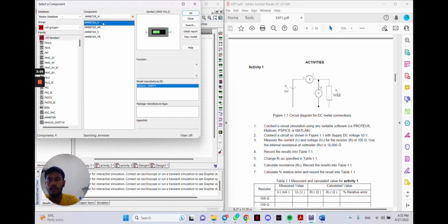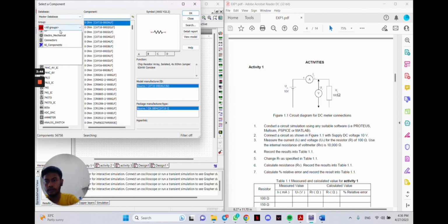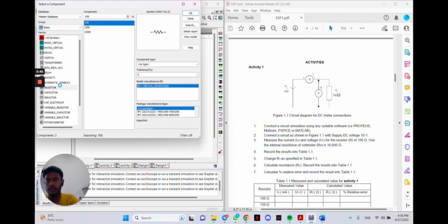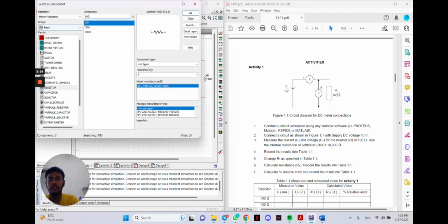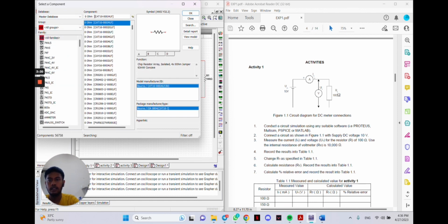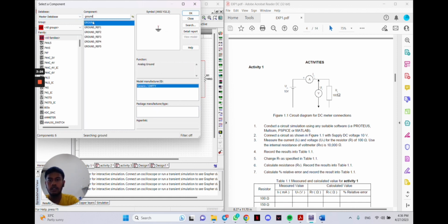There are many types of ammeter, and then voltmeter, and also for resistor, go to basic and search resistor. There are many types of resistor, and ground component, ground here.